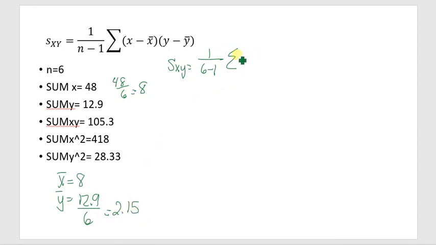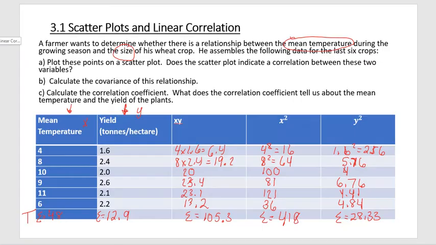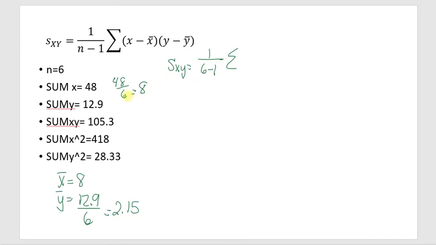What we have to do is, for every single x value, subtract 8 from it. So we have 4, 8, 10, 9, 11, 6.